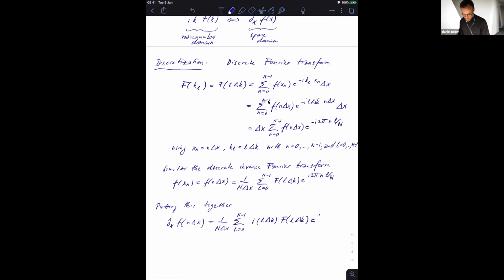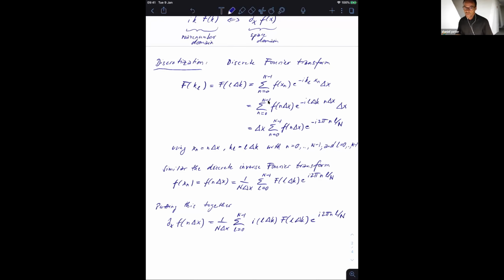Then we have the exponential function that brings us back, which we can write as i times 2 pi n l over capital N.